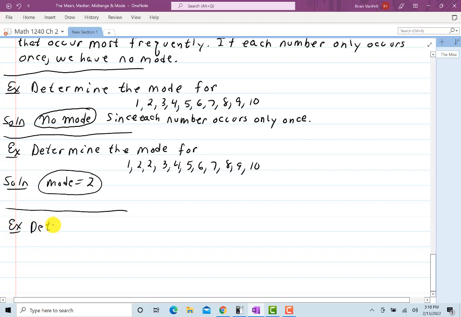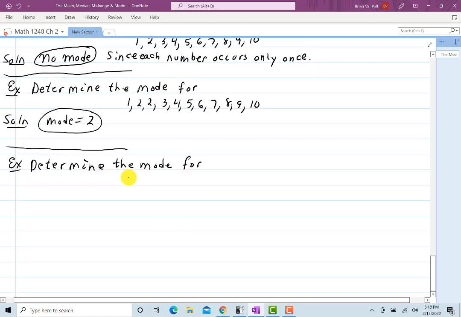Determine the mode for, this time we'll have 1, then I'll have 2, 2, 2, then I'll have 3, 3, 4, 5, 6, 6, 7, 7, 7, 8, 9, 9, and 10.